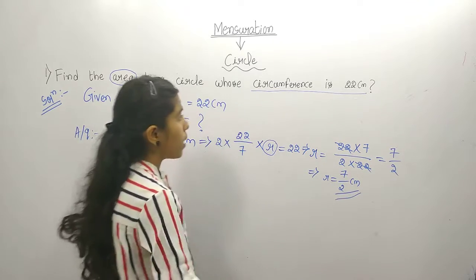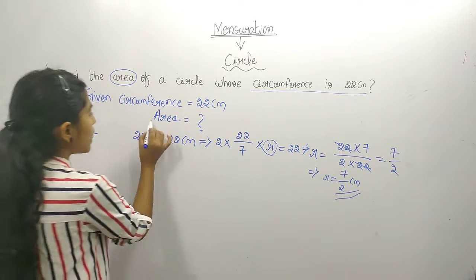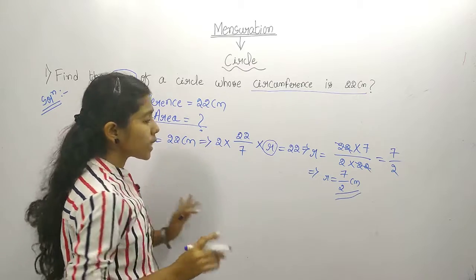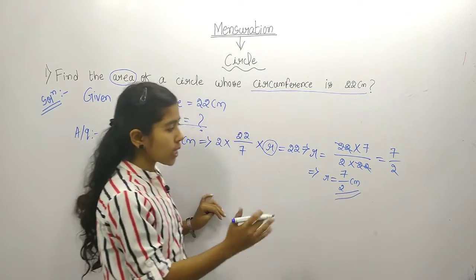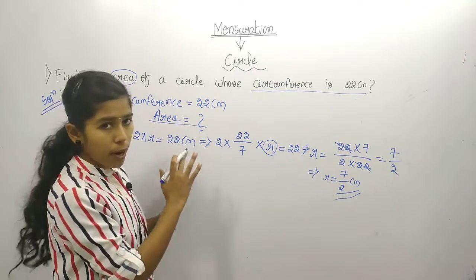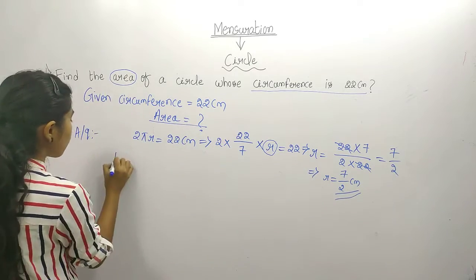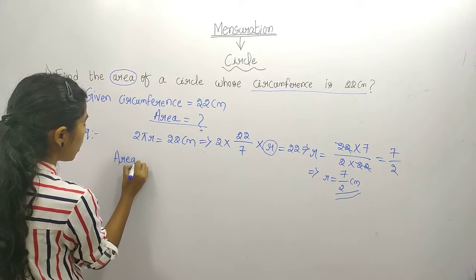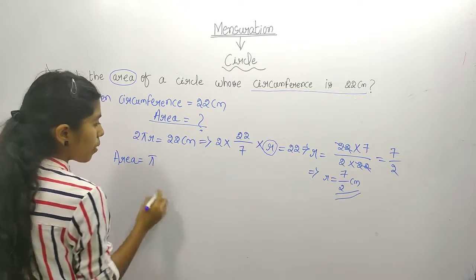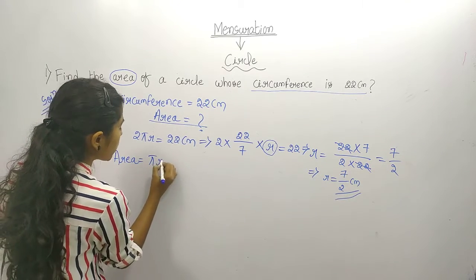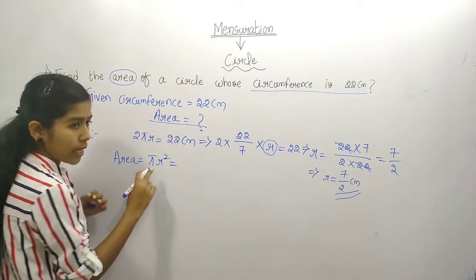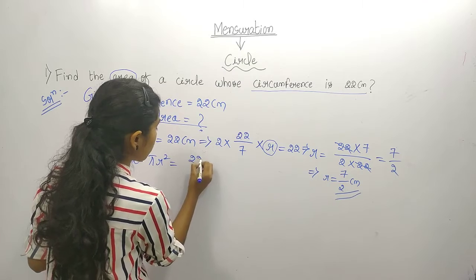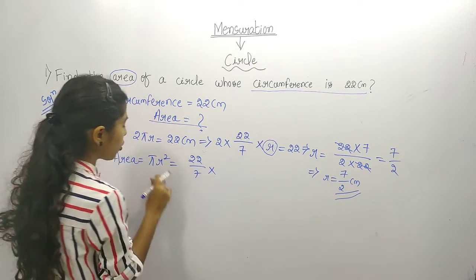But in the question it has said to find the area. So no problem, we already found the radius. Now our question is to find the area. What is the formula for the area of a circle? Area equals pi r square, and pi is 22 divided by 7, into r square.